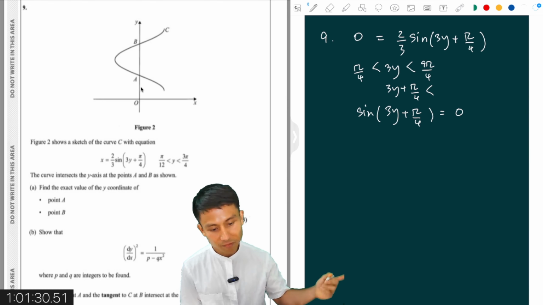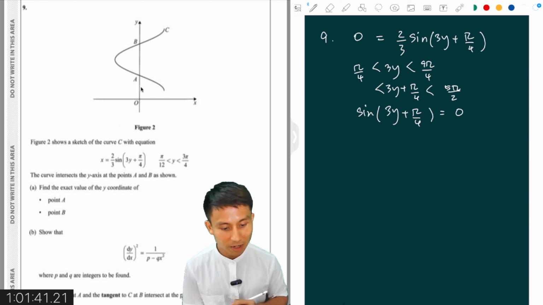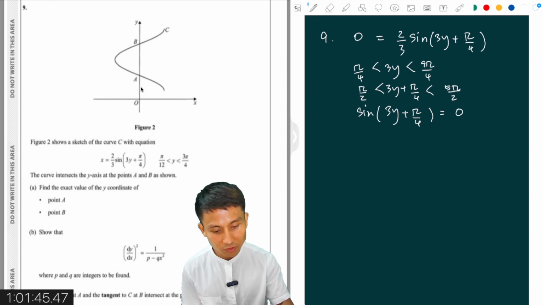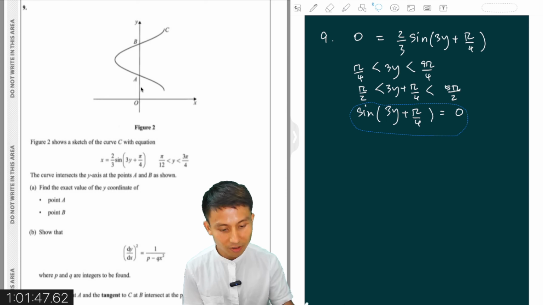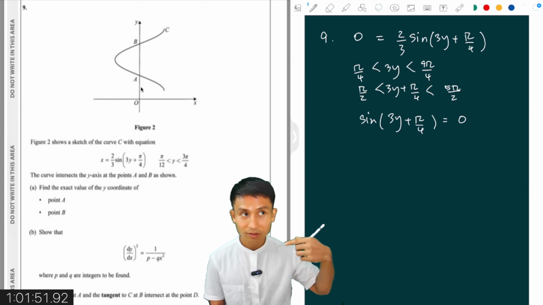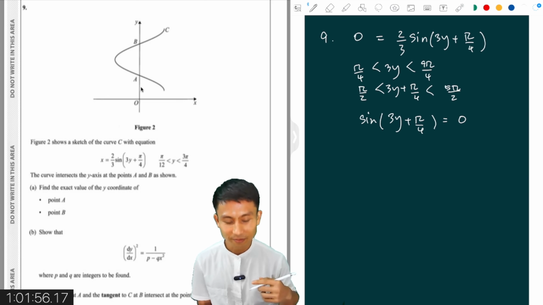So the right bound will be 10 pi over 4, which is actually 5 pi over 2. Right? And the left bound will be 2 pi over 4, which is pi over 2. So that's beyond the second quadrant. It's second quadrant and then up to the first quadrant of the second cycle, right?